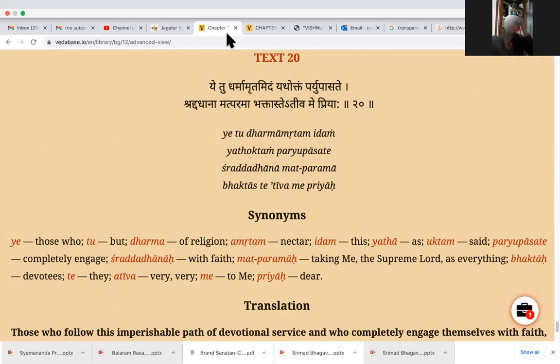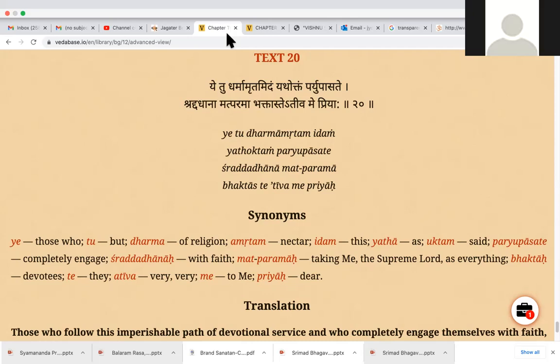Shraddadhana. Shraddhadhana. Shraddadhana. Shraddhana. Mat parama. Mata parama. Shraddadhana mat parama. Shraddhana mata parama. Shraddadhana mat parama.